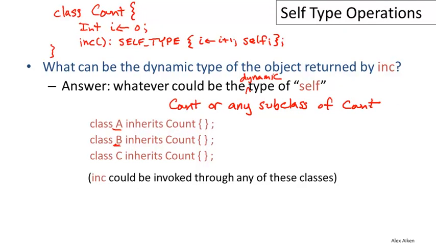So it's going to return something that's at most count, but the dynamic type could be something more specific. It could be a subclass of count or a subclass of a subclass of count. Anything that inherits directly or indirectly from count is a possibility.